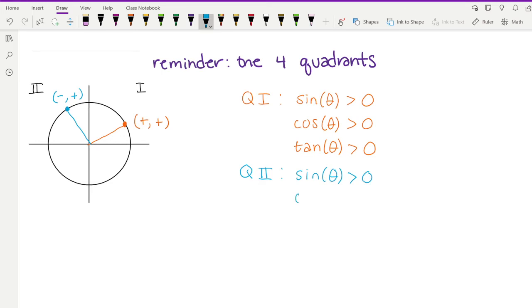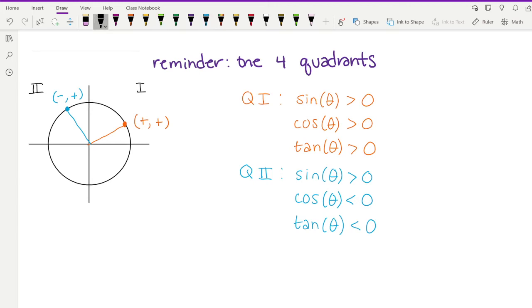And the x coordinate is negative, and that tells us that cosine is going to be negative. And then tangent, well, if you take sine over cosine, a positive number over a negative number is always going to result in a negative number. We can also verify that by looking at the slope of the blue line segment I just drew, which has a negative slope.